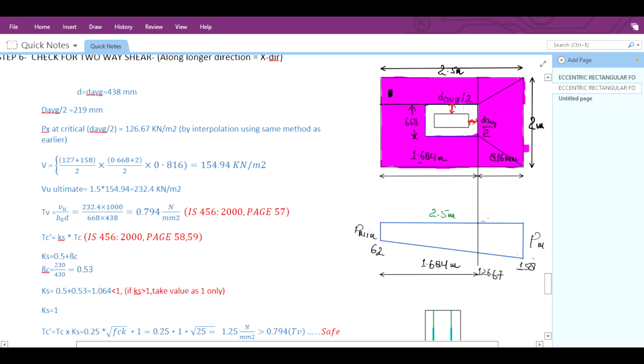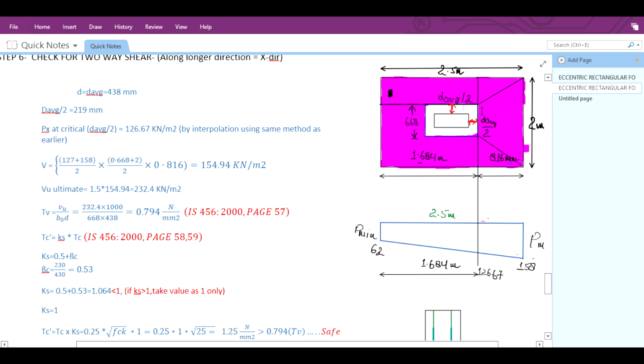This is the total whole distance, that is your column length, which was 230 plus d average by 2 plus d average by 2, so it will come as 668 mm. So we have to use this total length for the average depth calculation.